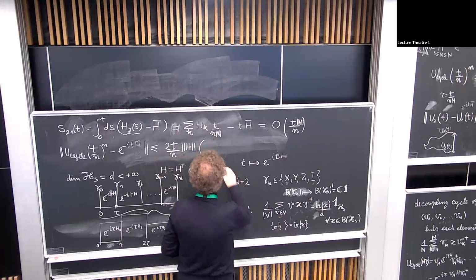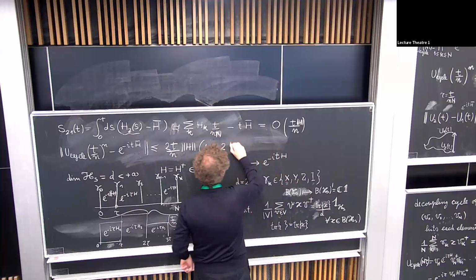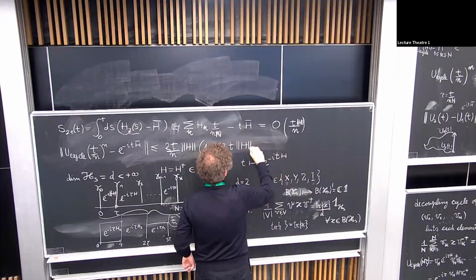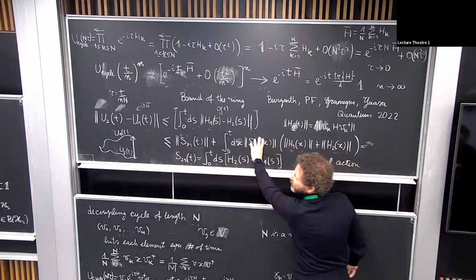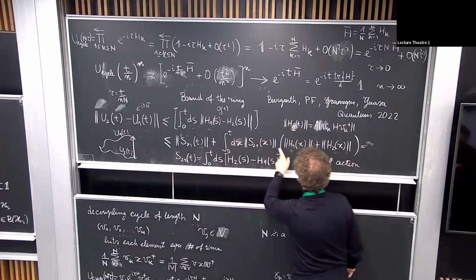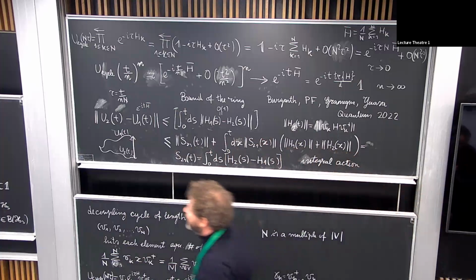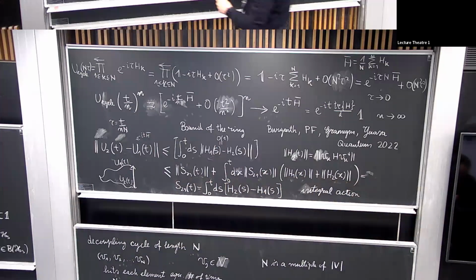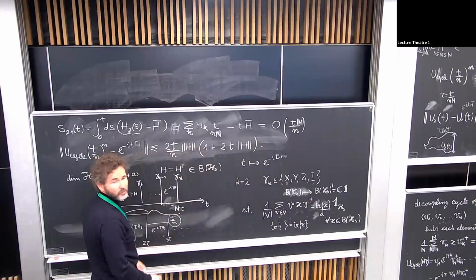So it's 1 plus 2H. These are constants. The norm of the action is exactly that one, and this is t times the sum of this. Okay, maybe I'm boring you. This is just the result.